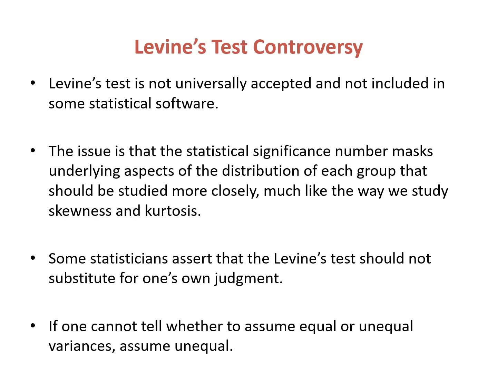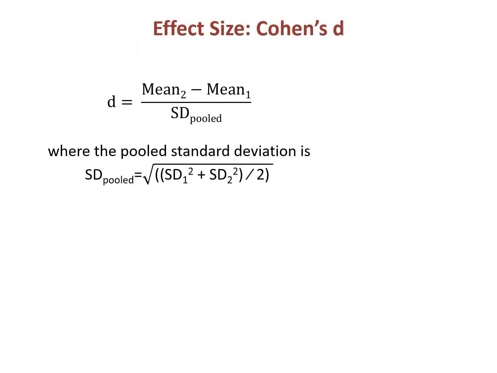The effect size for a t-test is Cohen's d. Unfortunately, Cohen's d is not reported in the output and must be calculated manually. The general formula is the difference of means divided by the pooled standard deviation. The pooled standard deviation is the square root of the sum of the variances of the two groups divided by 2.